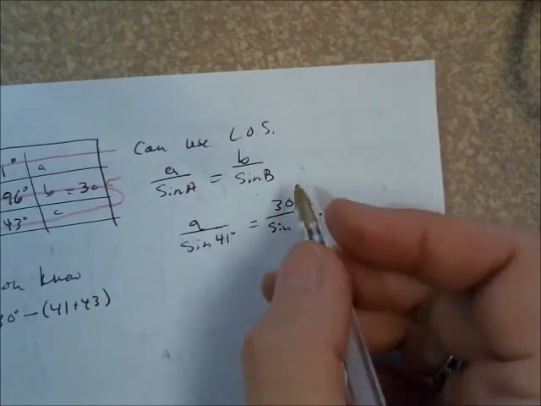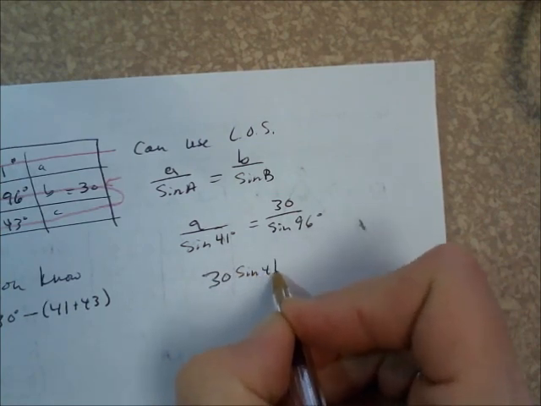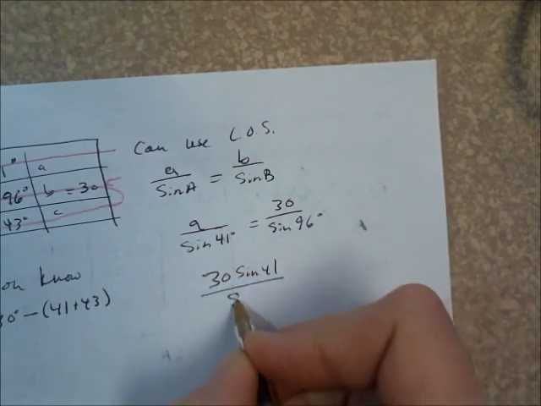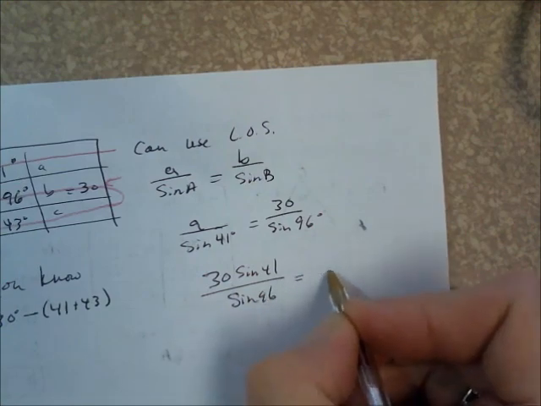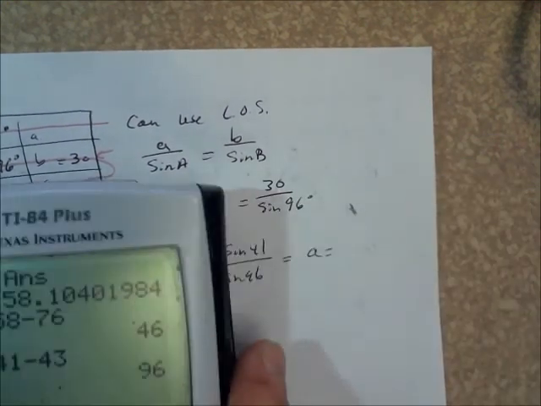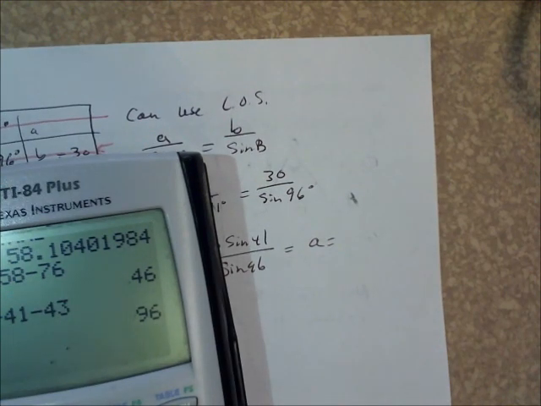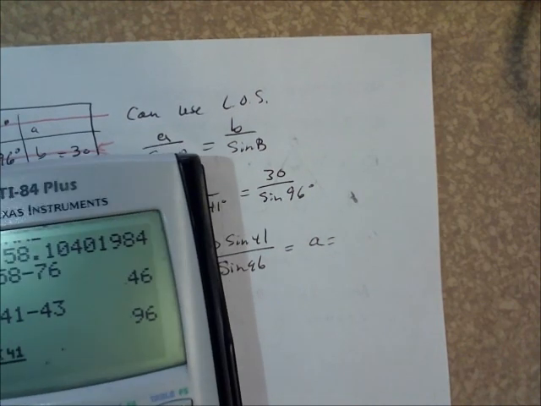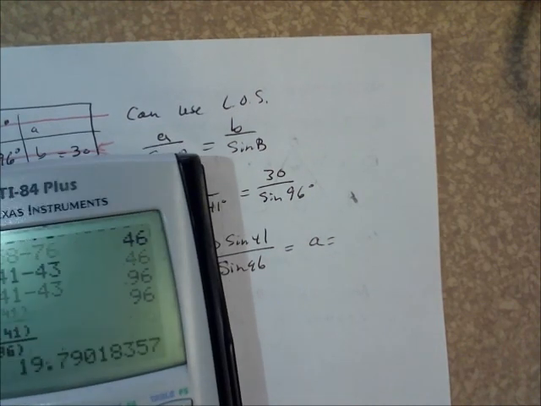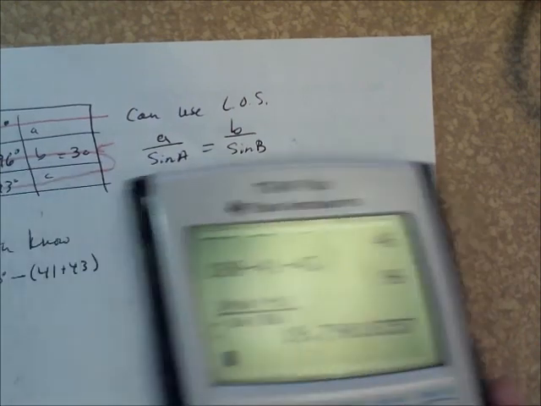So after we get done with our cross multiplication, 30 times the sine of 41, divide that by the sine of 96, we'll get A. And A, if we round this to the nearest tenth, is 19.8.